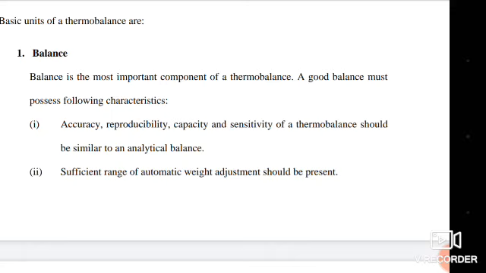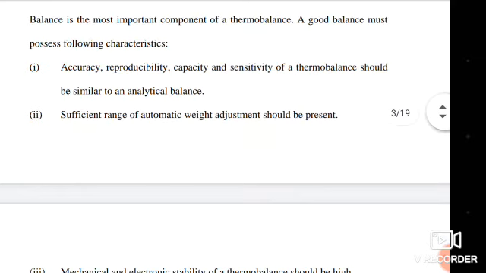So the thermobalance should be accurate, reproducible, and the capacity and sensitivity of the thermobalance should be similar to the analytical balance. कॅपॅसिटी त्याची चांगली असली पाहिजे, जे कंपोनंट मेजर करणार आहोत त्या लेवलमध्ये, आणि सेन्सिटिव्हिटी. थर्मोबॅलन्स हे ॲनालिटिकल बॅलन्ससारखं असलं पाहिजे.